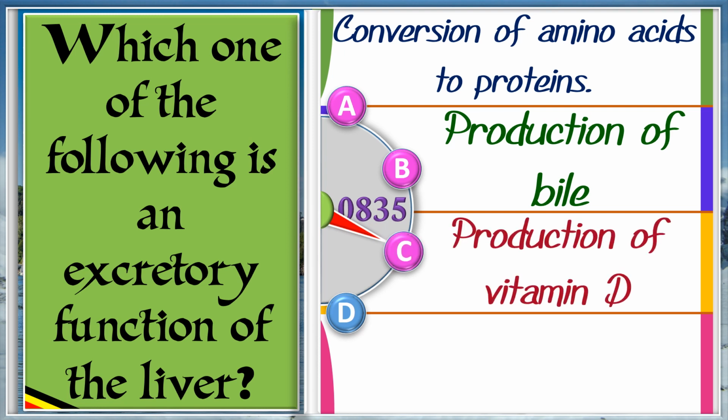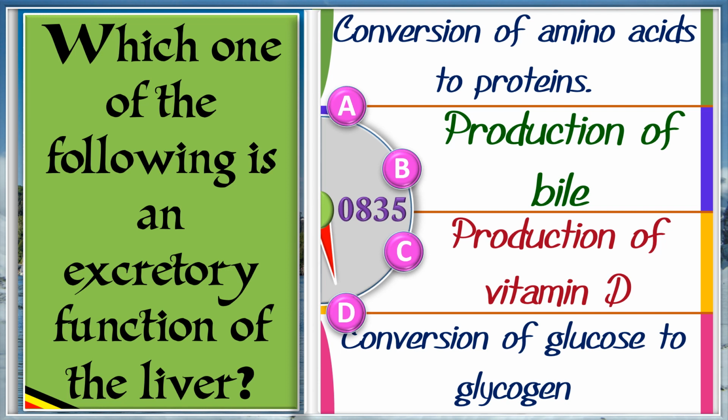C, production of vitamin D. D, conversion of glucose to glycogen. And the answer is B, production of bile.